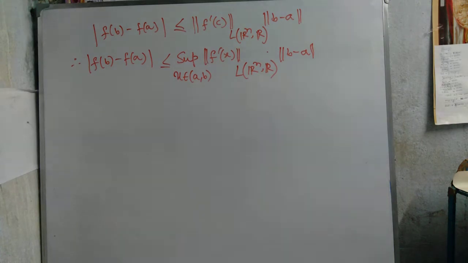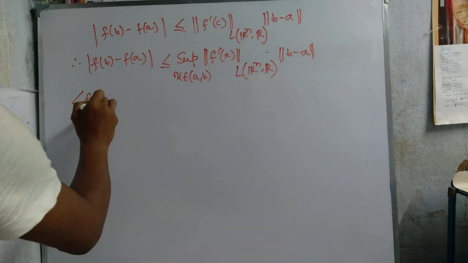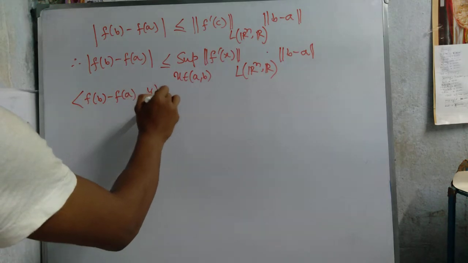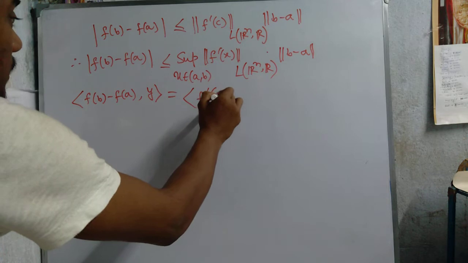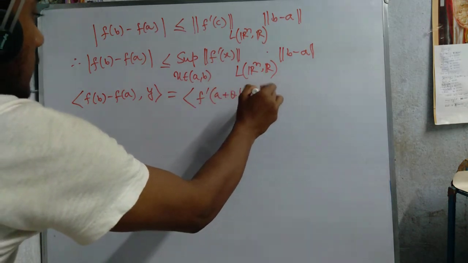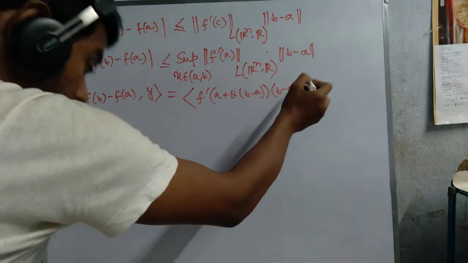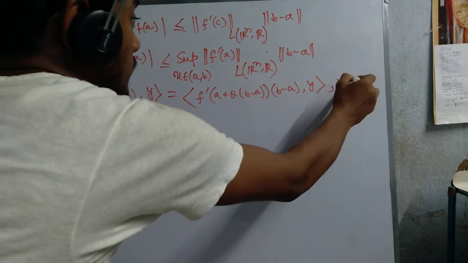Okay, then what happened, then we write here inner product of f(b) minus f(a), y equal to inner product of f'(a + θ(b − a)) multiplied by (b − a), y, for y belongs to Rm.